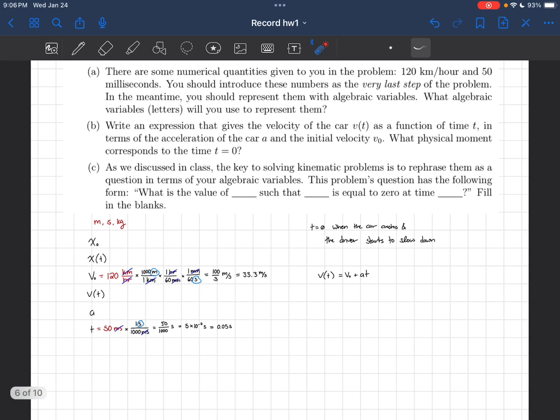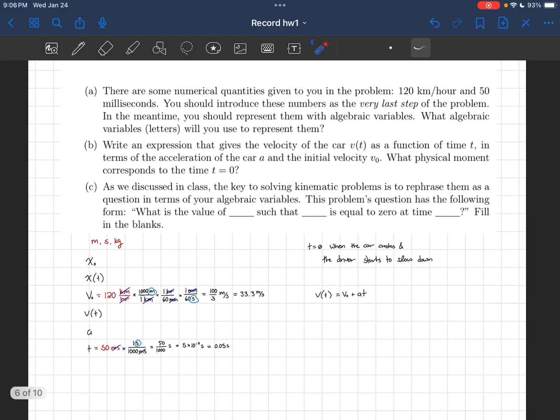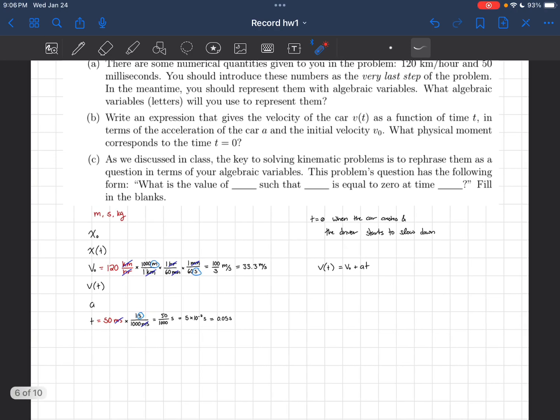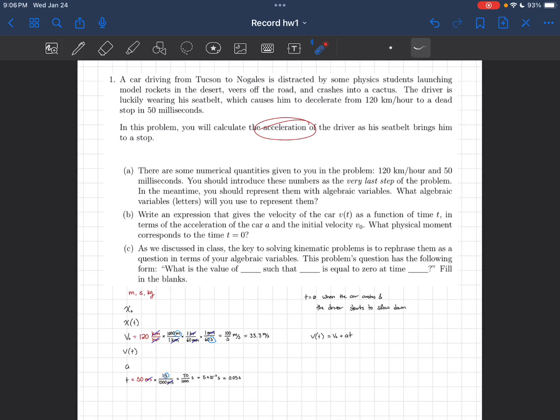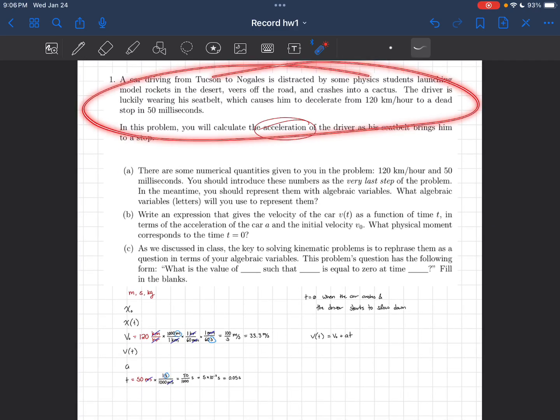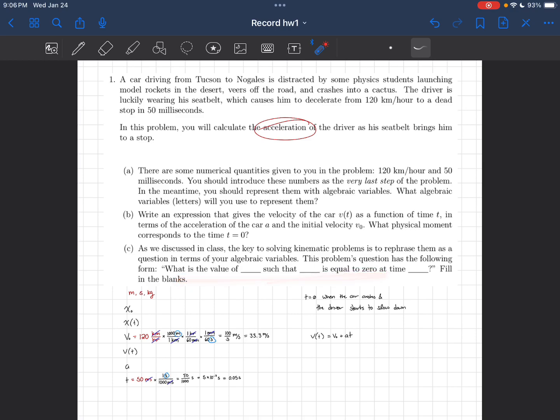All right. Part C. We discussed in class that we can use these kinds of phrases in a question in terms of our algebraic variables. This is our translating step of getting all of my word problem into the algebra that I'm going to actually solve.